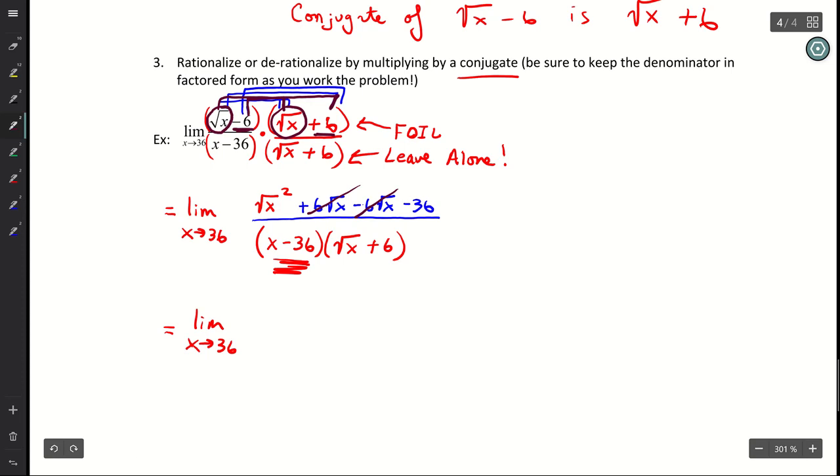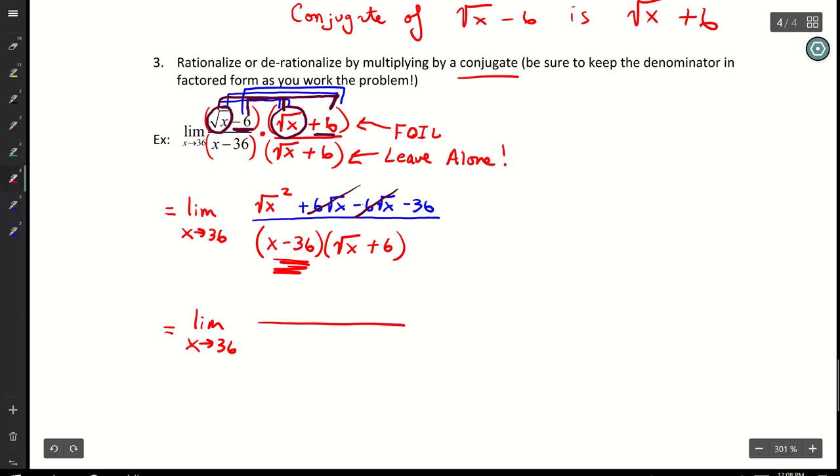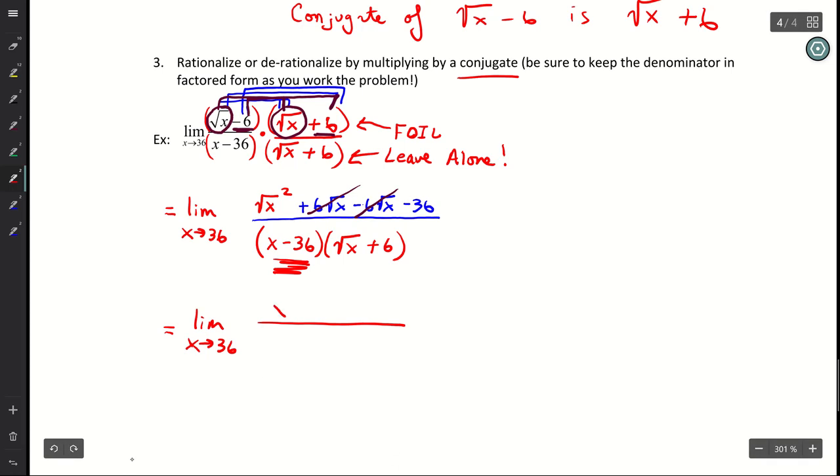So essentially there, if you did that, you're going to get root of x times root of x is just going to give you x, square root of x squared. And then -6 times 6 would have given you -36, which is what I get from reducing the numerator from my actual FOIL step. And then we're leaving the bottom, x minus 36 and square root of x plus 6.